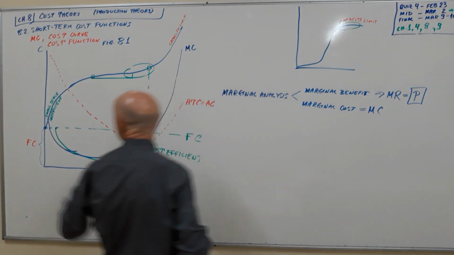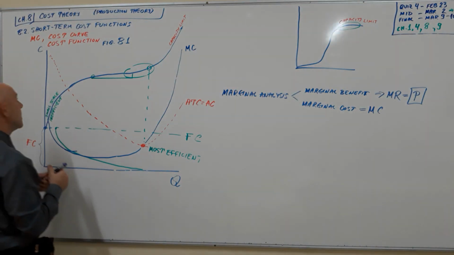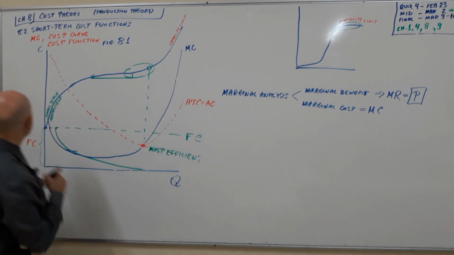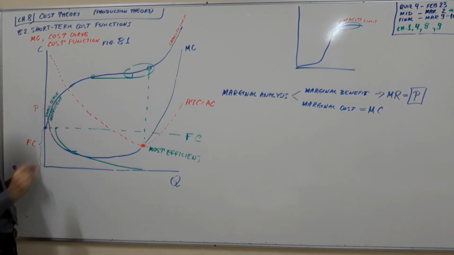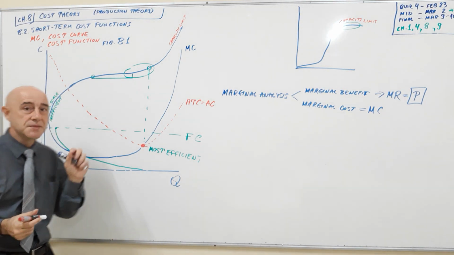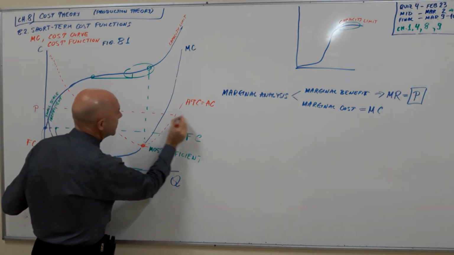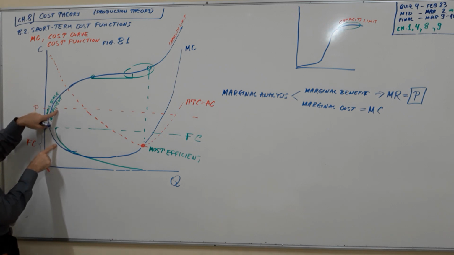So, now, let's say the price is, I'm running out of colors here. Okay, I'll use the red color. Suppose this is the price, where are we going to produce? Again, simplest application. You draw the line over here, and you're going to produce this quantity. Is it profitable?